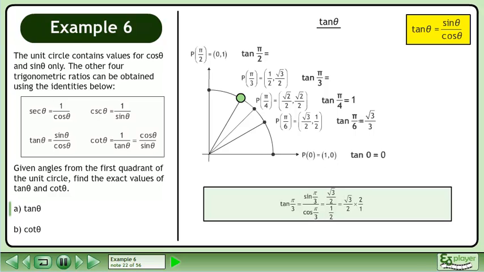Divide the fractions. Multiply the numerator by the reciprocal of the denominator. Multiply to get the square root of 3. The exact value of tan pi over 3 is the square root of 3.